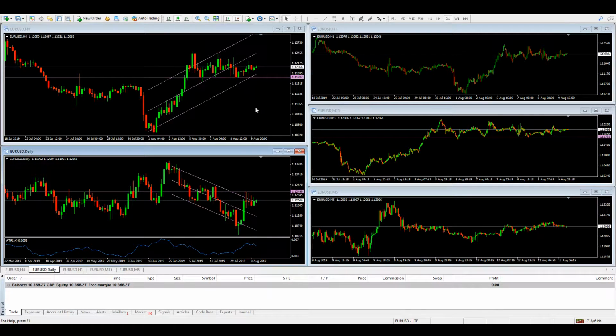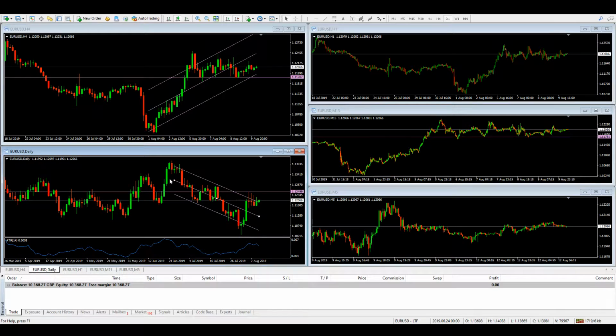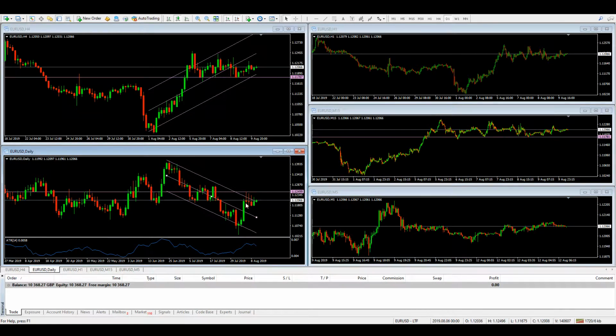What's this, euro? Yeah, I thought it was. So this is the same story that I've been talking about over the last week as well. The way it's hugging this standard deviation here on the daily is quite good, because these highs have got lower as well. It hasn't passed that previous lower high, so that area was quite significant resistance. The only problem is there's not real congruence in the other time frames.